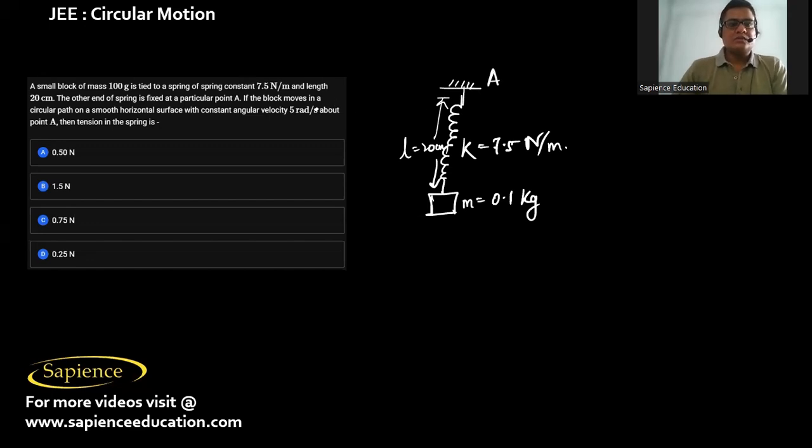If the block moves in a circular path on a smooth horizontal surface, so it is the horizontal plane, it is not the vertical plane.